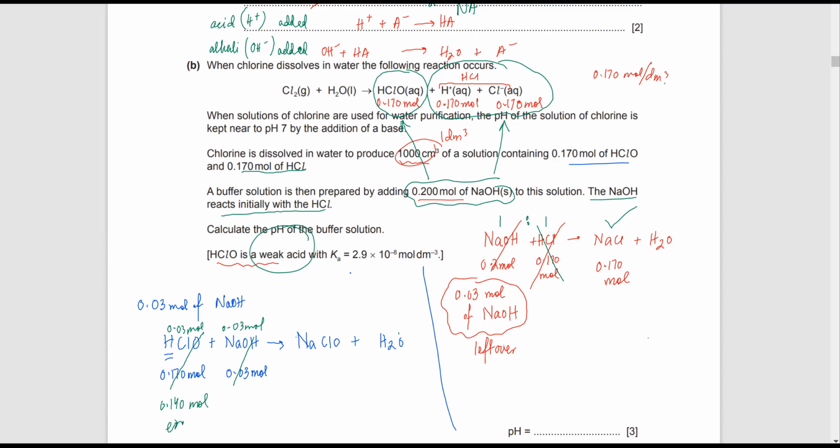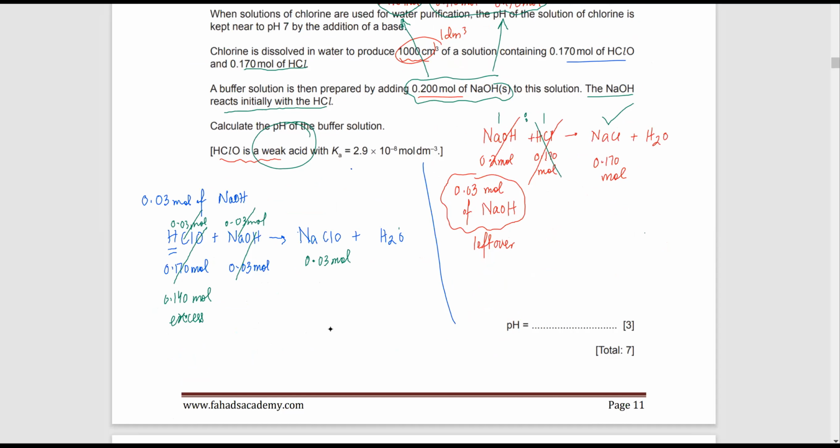They are in excess. Sara, is this clear? Yes, sir. So 0.03 is going to react with 0.03 to produce 0.03 moles. It's 1:1. So 0.03 moles of NaClO is produced.